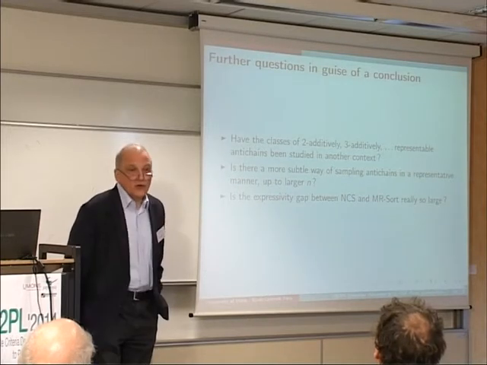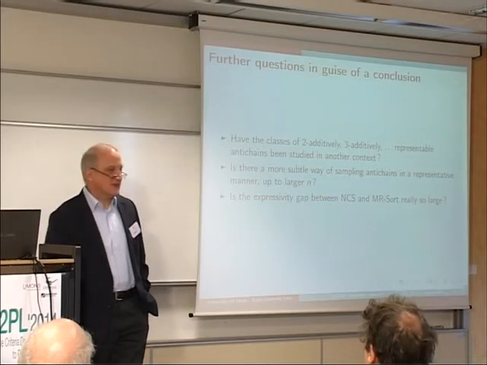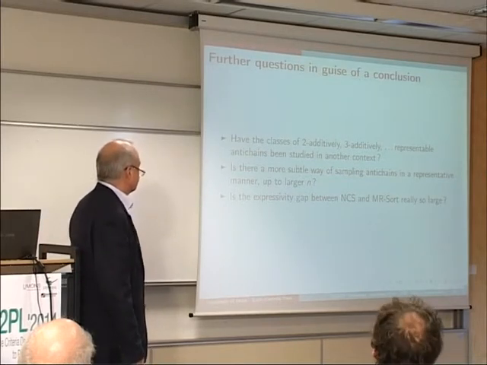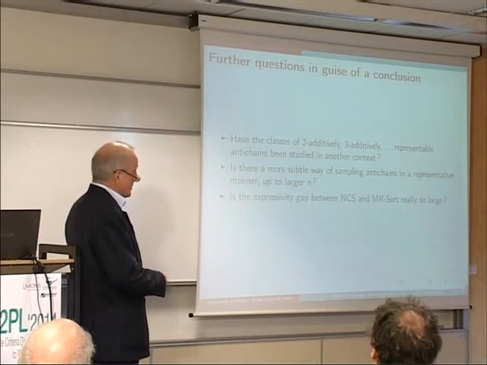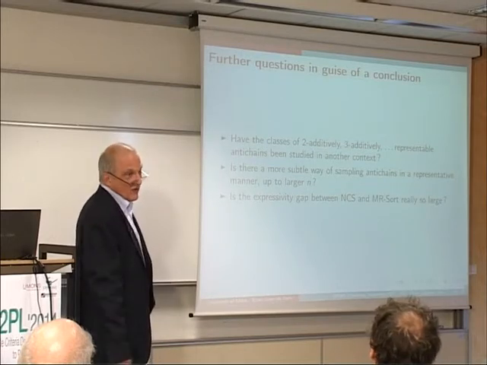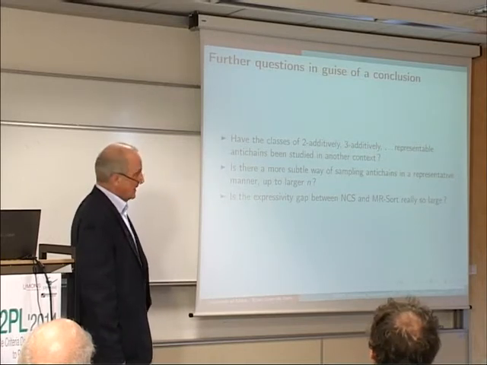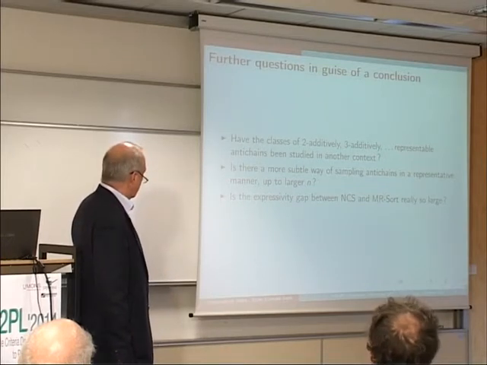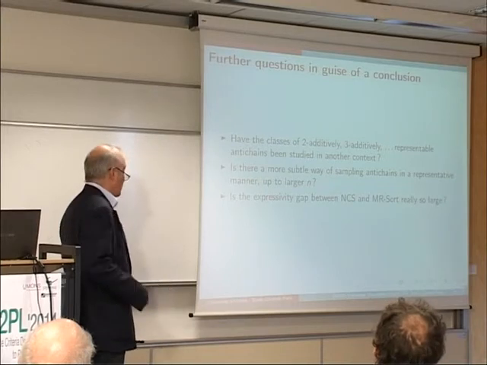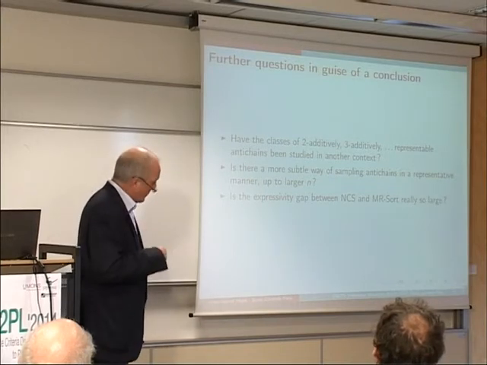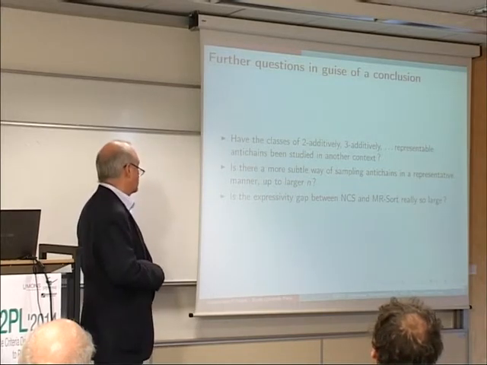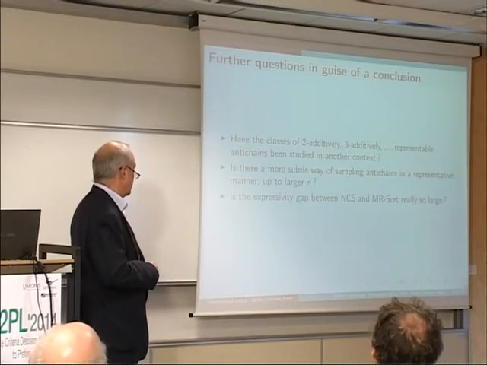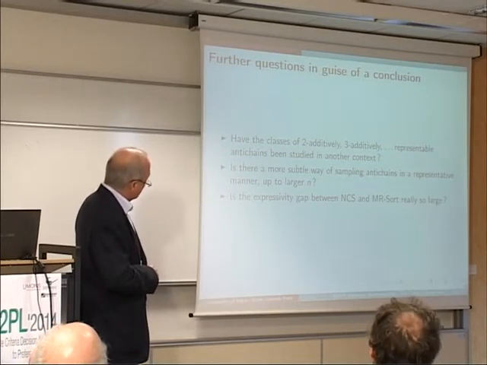Now, for concluding, I have some more questions. One question is, do you know of studies about these classes of models or of Boolean functions or games studied in other areas?